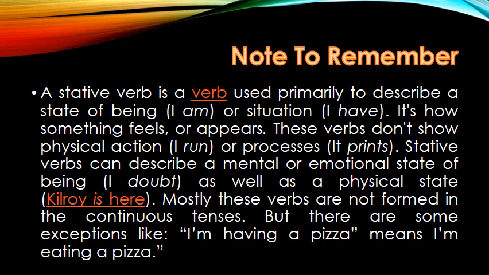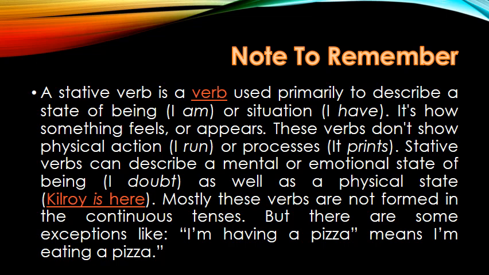Kilroy is here. So what happens when I have these stative verbs? Mostly these stative verbs are not formed in the continuous tenses at all. But there are some exceptions, like I'm having a pizza. Here, I'm having a pizza doesn't mean that I own a pizza; it means that I'm eating a pizza.